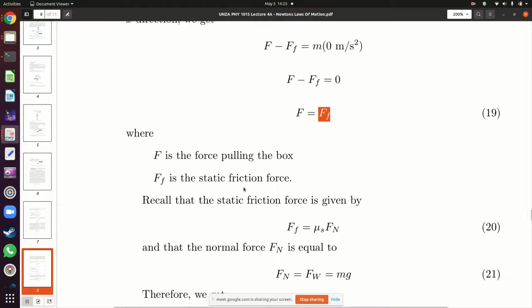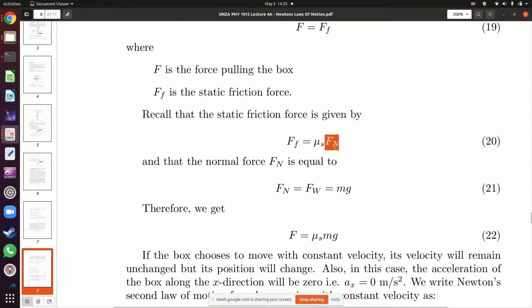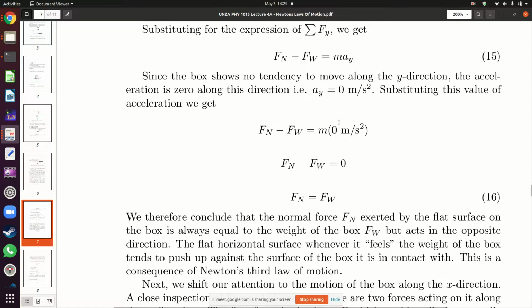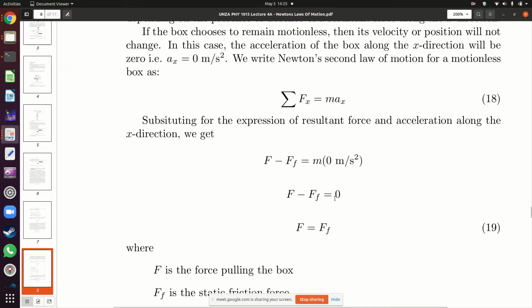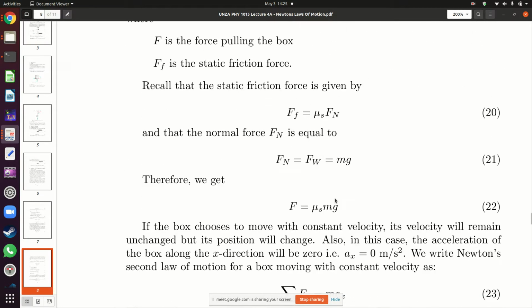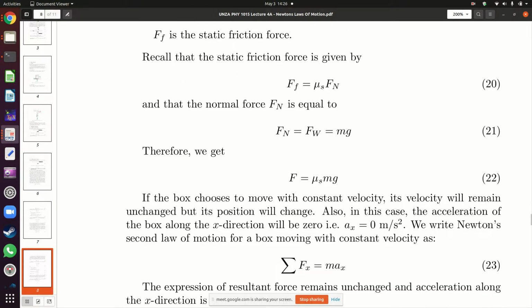And how do we get static friction force? Static friction force is equal to the coefficient of static friction multiplied by the normal force. We have just seen up here that the normal force is equal to the weight of the box, always. The normal force exerted by a surface is always equal to the weight of the object on that surface.